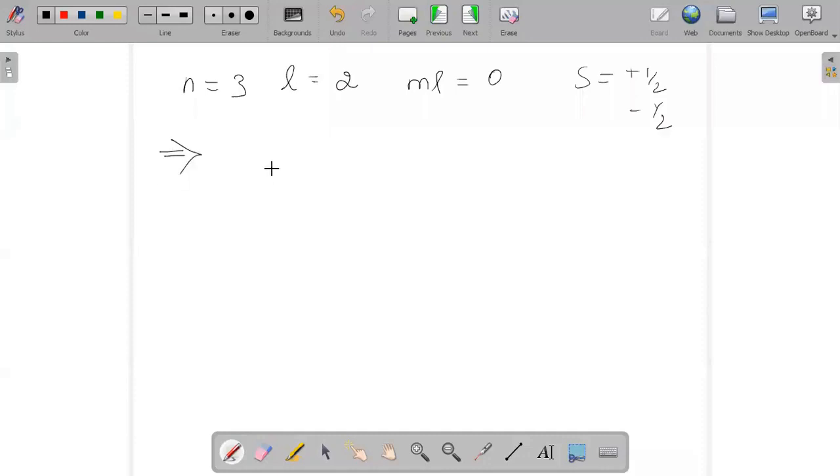Your principal quantum number n should always be positive, because based on this value we calculate L, and based on L we calculate our magnetic quantum number. L can be any integral value from 0 to n minus 1, and ml, as we have already discussed, is minus L to L.